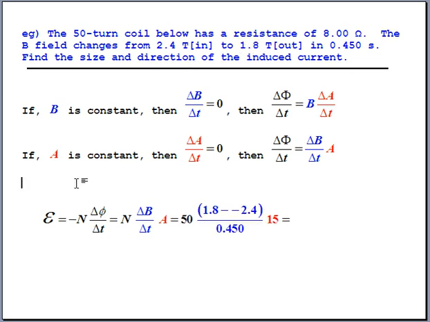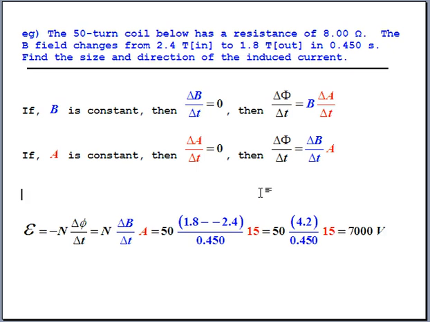But maybe the numbers might have been a little bit nicer to take this 4.2 value, how much the magnetic field changed, divide by the time, multiply by the number of loops, and then multiply by the area. It just speeds things up a little bit, keeps the numbers a little smaller, and when you have that change of 4.2 Teslas in 0.45 seconds, you'd get that 7,000 volts.